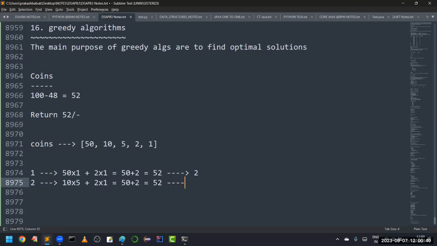But in this case, how many coins do we use? Sir, maybe 7 coins. If you take the third case, maybe I can use 5 into 10 plus 2 into 1. So 50 plus 2, total 52. How many coins will be there?